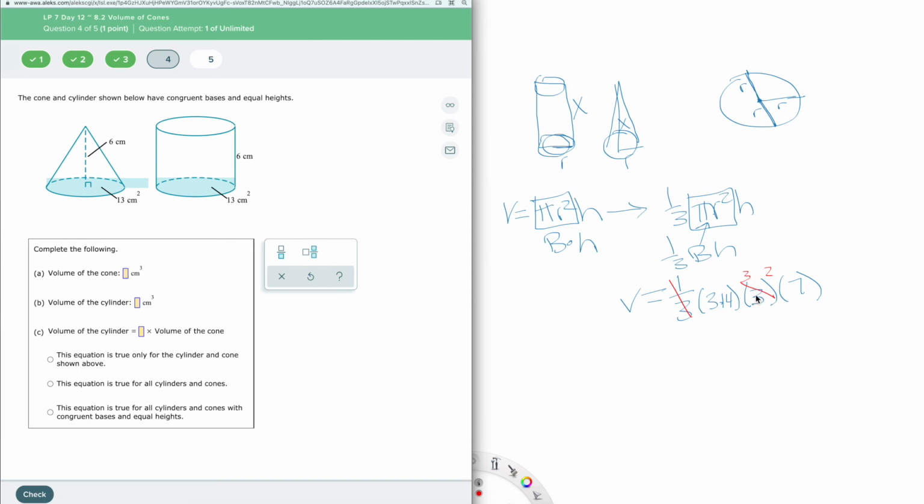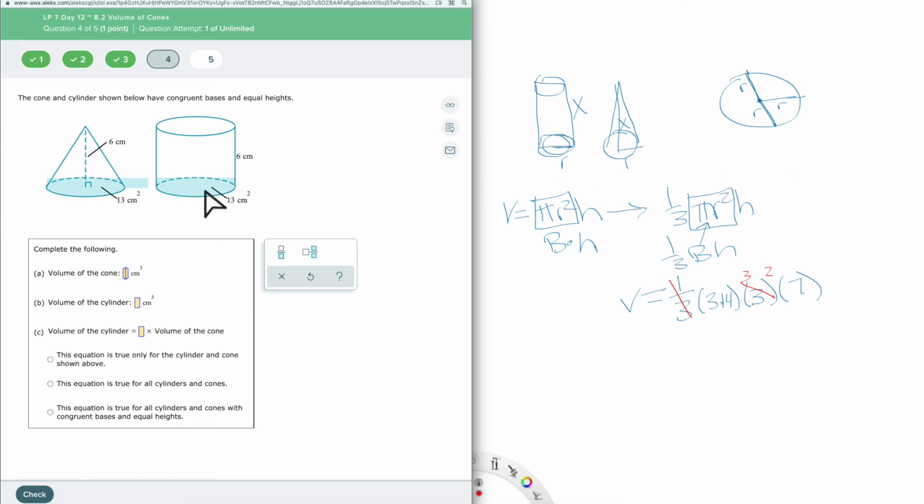All right, so just like I thought, we're going to compare a cone with a cylinder because those are comparable, just like a prism and a pyramid are comparable. As long as we have the same base shape, generally we can compare these two items. If you notice, they have congruent bases and equal heights, so they're giving us the base area.